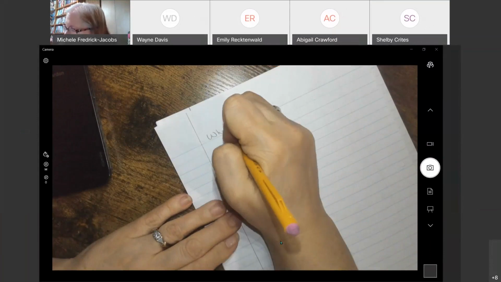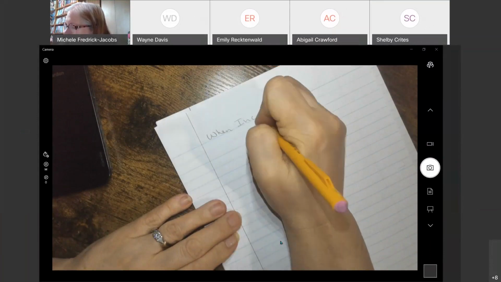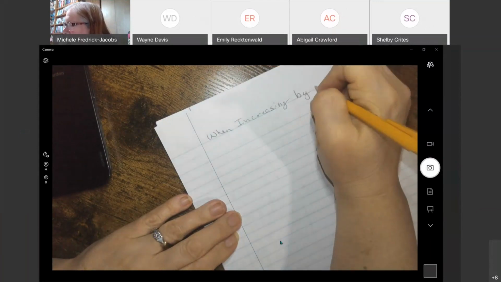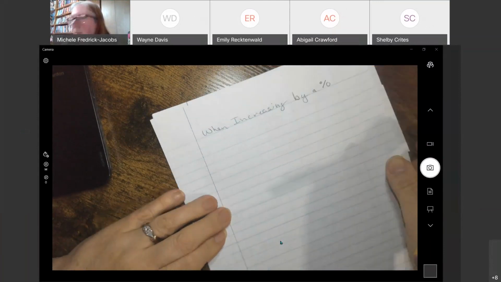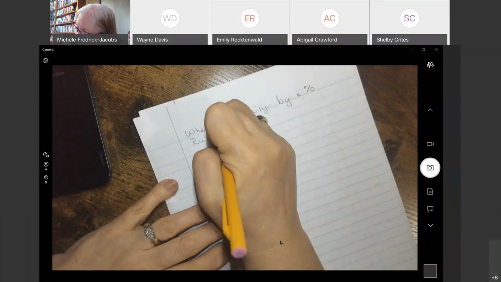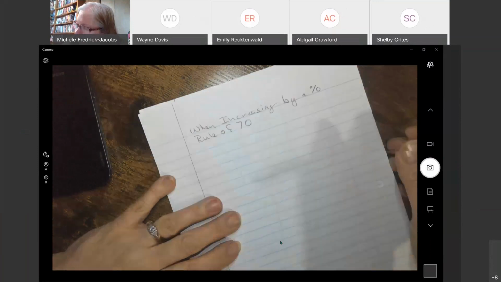When increasing by a percent, there's what's called a rule of 70.